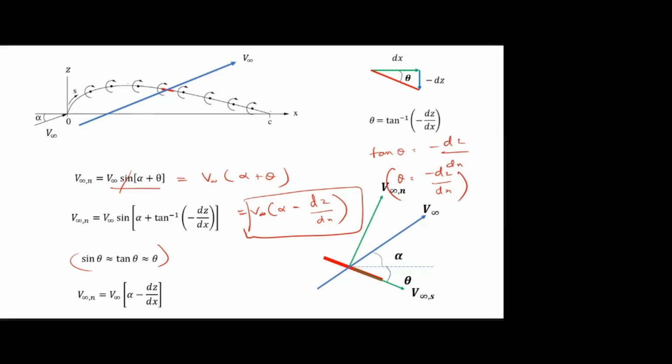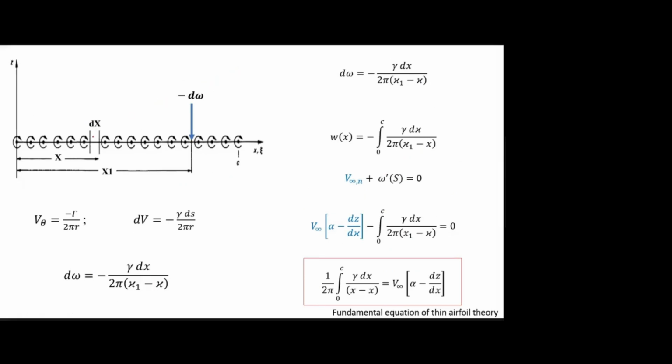Yes, sir. Okay, so we found one component. Now we have to find the normal component due to the vortex sheet. So here you see the vortex sheet, placed straight away on the chord line. I'm taking one small distance dx, at distance x from the leading edge, and this small area induces the normal velocity at some other random point, which I'm taking as x1.